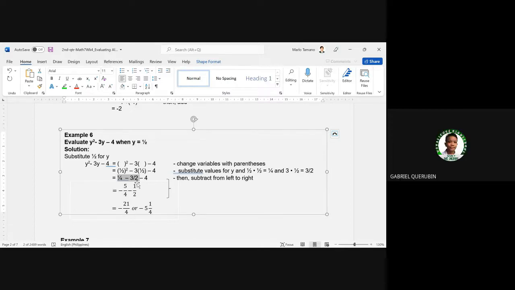Try niyo po. Tapos cross multiply niyo. 2 times 1 is 2. 4 times negative 3 is negative 12. Then 4 times 2 is 8. Then 2 minus 12 is negative 10. Negative 10 over 8. Ilalowest term ninyo, negative 5/4. Ito na po, negative 5/4.